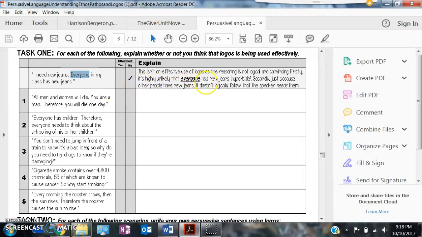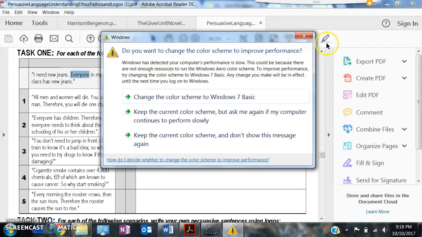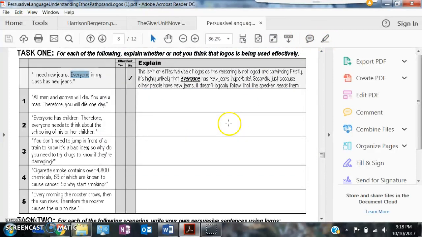And if you read through here, it says, this isn't an effective use of logos, as the reasoning is not logical and convincing. Firstly, it is highly unlikely that everyone has new jeans, also known as hyperbole, but we'll get into talking about that later. Secondly, just because other people have new jeans, it doesn't logically follow that the speaker needs them. So, that's just a little bit of an exaggeration.